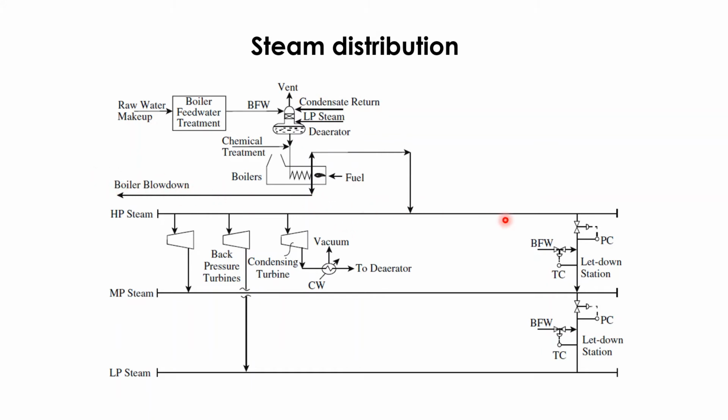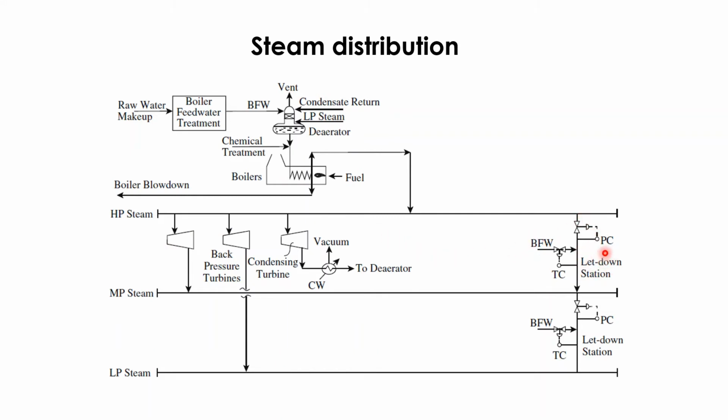The water is converted to high pressure steam. HP here stands for high pressure steam, and the high pressure steam can be directly used to run the steam generator here, or the high pressure steam is let down here.